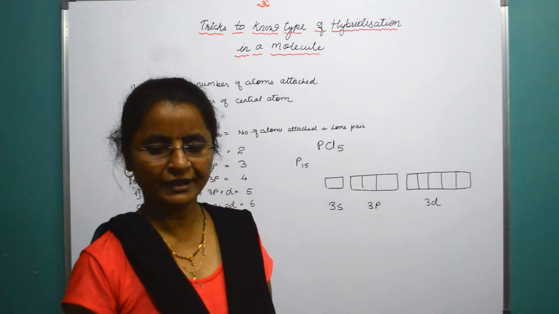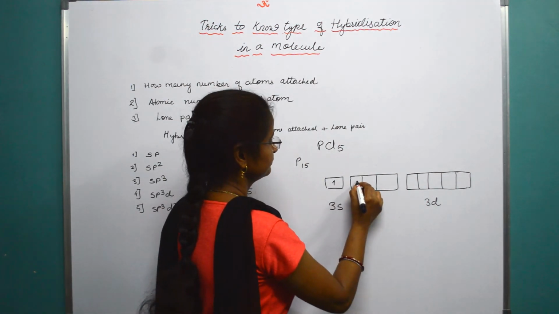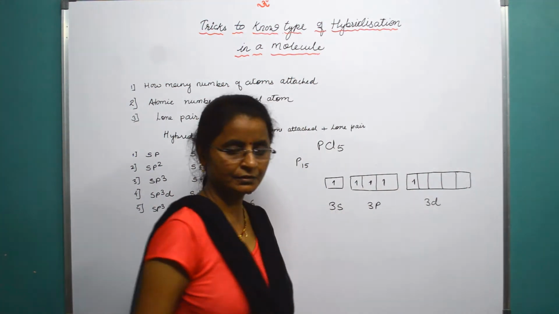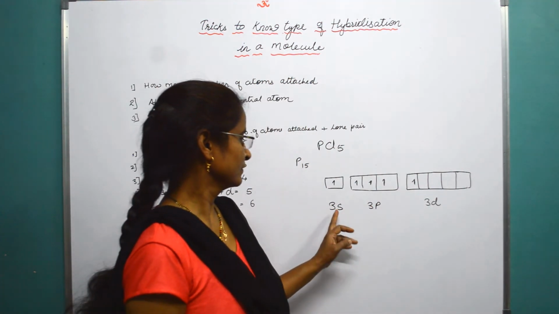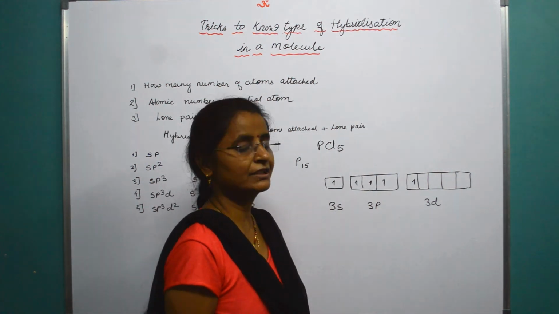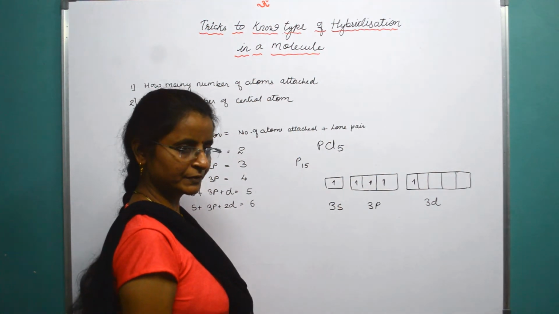In the excited state, one 3s orbital, three 3p orbitals and one 3d orbital are available. So here there is no lone pair of electrons.